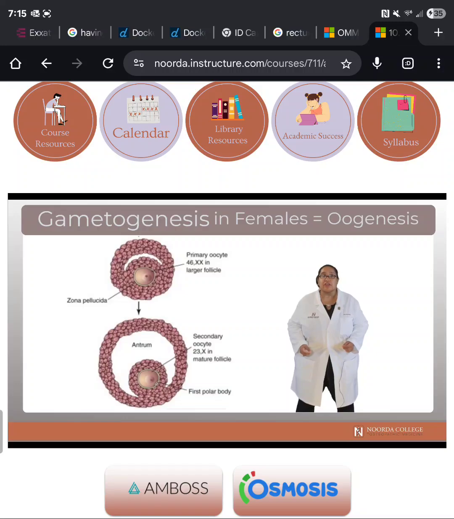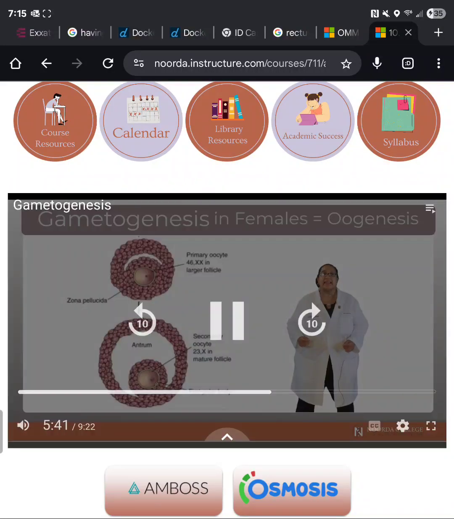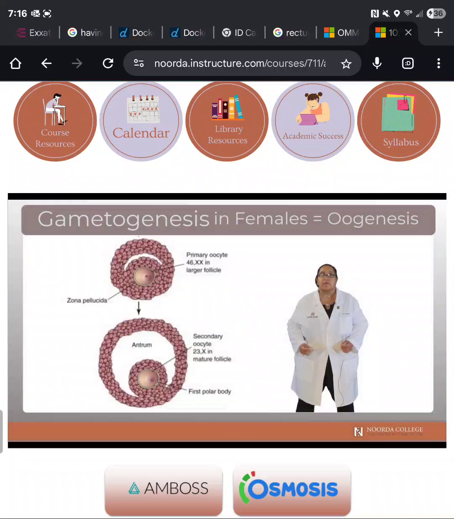At ovulation, the nucleus of the secondary oocyte begins the second meiotic division. This secondary oocyte is quite large, surrounded by a covering of amorphous material, the zona pellucida, and a layer of follicular cells called the corona radiata.